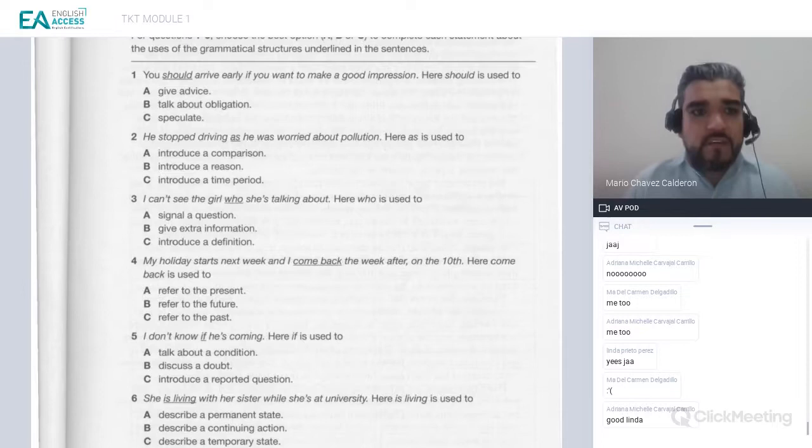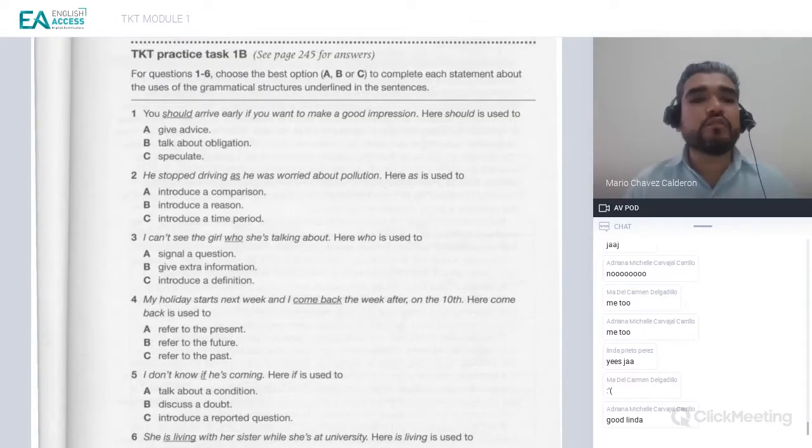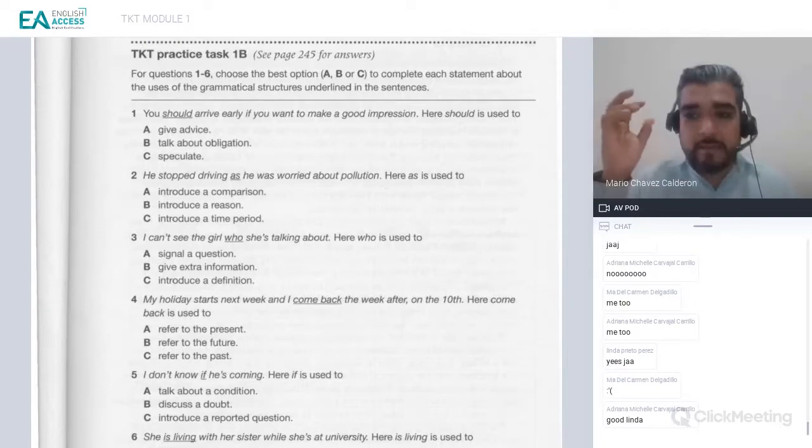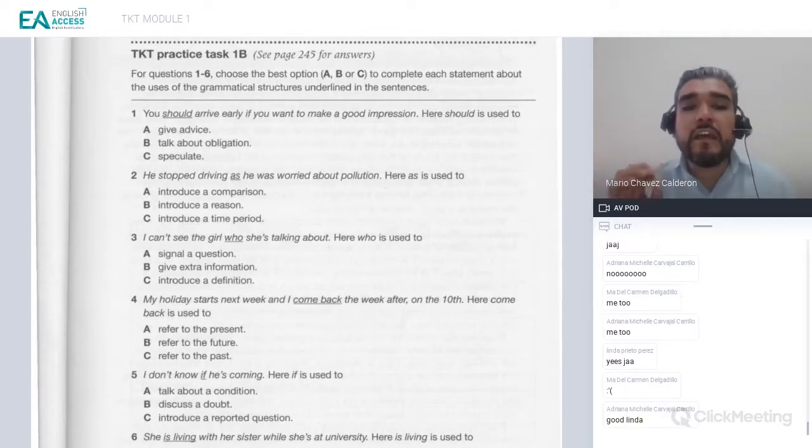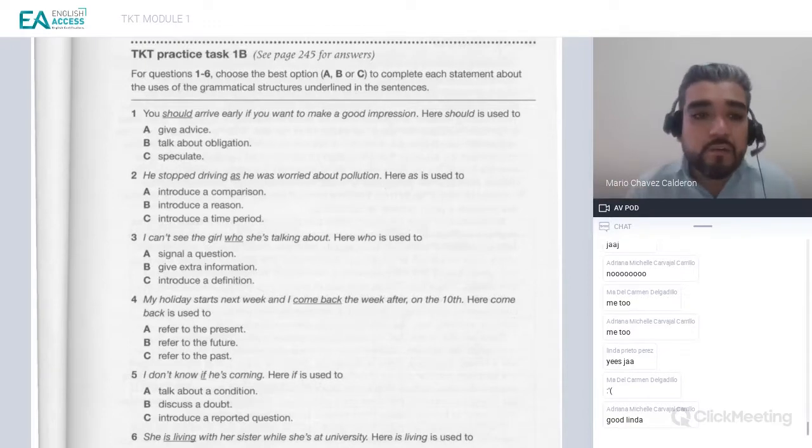Okay. Let's do the next activity. For questions 1 to 6, choose the best option, A, B, C, to complete each statement about the use of the grammatical structure underlined. I mean, you have in each sentence one word or one phrase underlined. You need to choose the function for that word or structure.